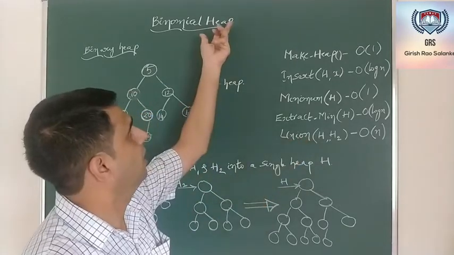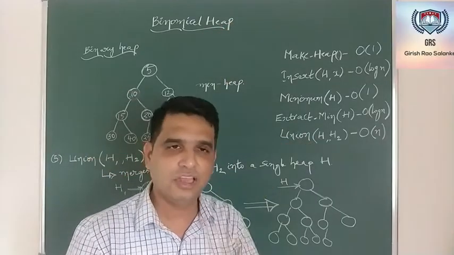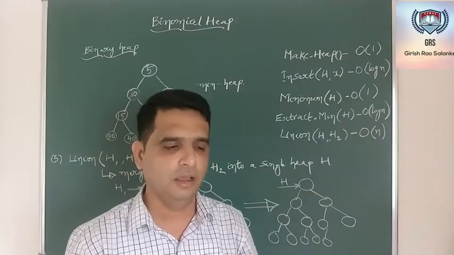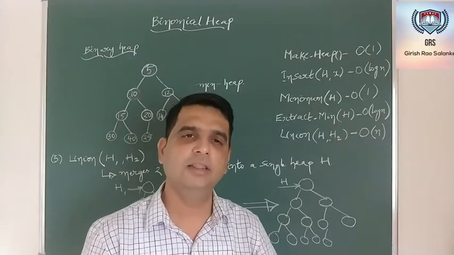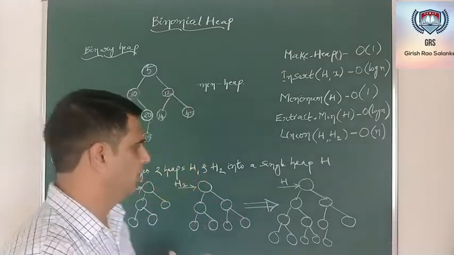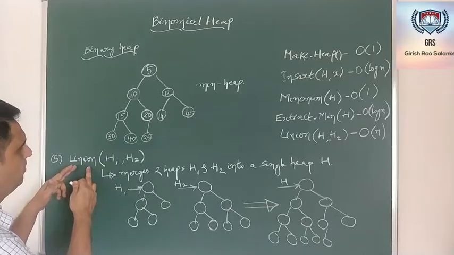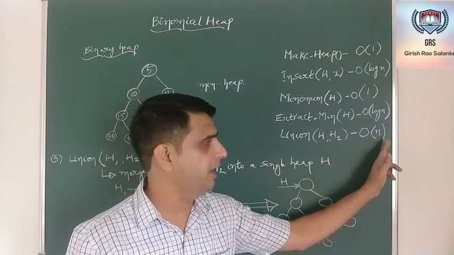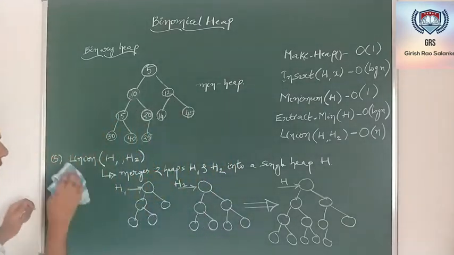When I use a binomial heap for the merge operation, you will see later that it takes log n time. And there is one more variant of the heap, the Fibonacci heap, which takes constant time. Anyway, as of now, note that the binary heap on performing the union operation takes order of n time, where n is the total number of nodes in the H1 and H2 heaps.